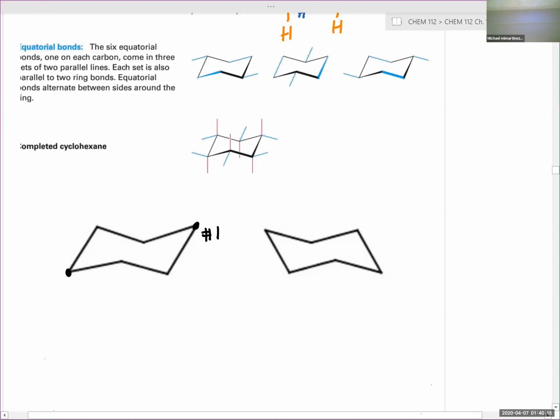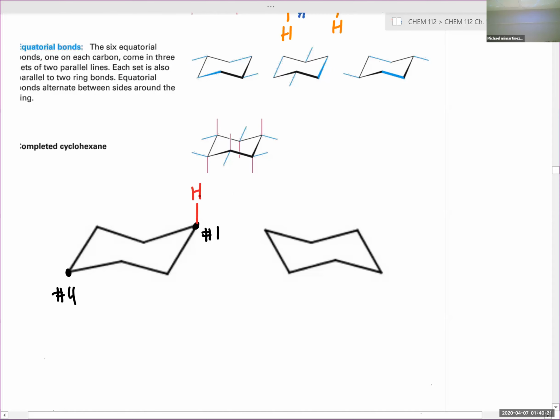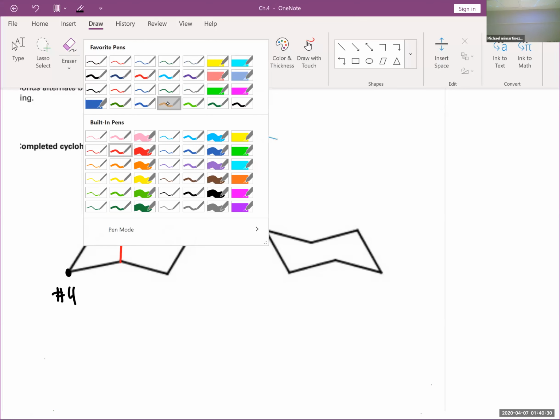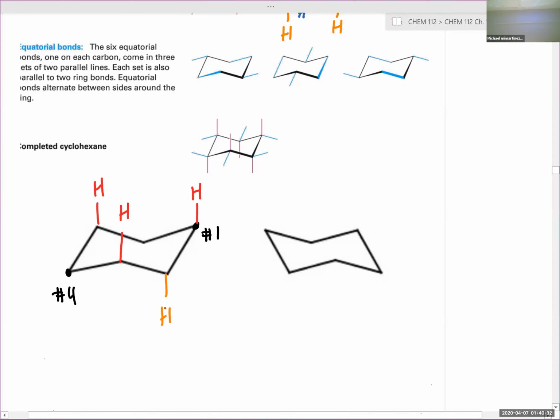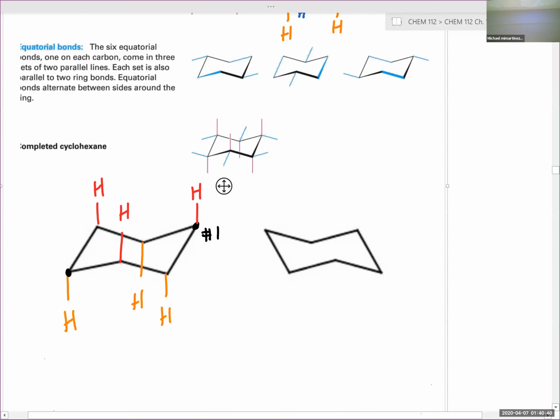So I have carbon 1 and carbon 4. I'm going to start by putting all of my vertical axial hydrogens that are pointing up. Then I fill in my axial hydrogens that are pointing down. Then I fill in my equatorial hydrogens.